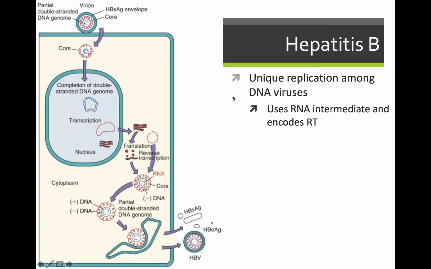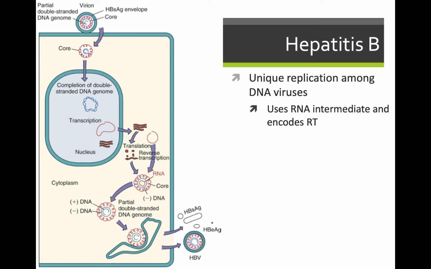So what they do, they have a double-stranded DNA genome, so they get into the host cell, the DNA gets into the nucleus, it is transcribed, it is translated, and then some of the RNA that comes out is reverse transcribed back into DNA to be packaged into the viral particles. So I feel like they're taking extra steps here, but this is one of the other viral groups that encodes a reverse transcriptase.